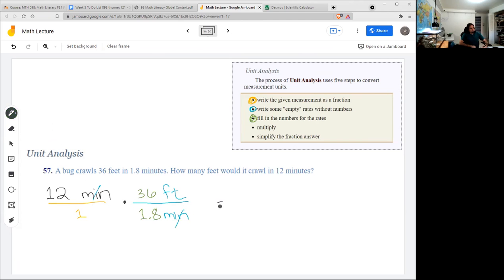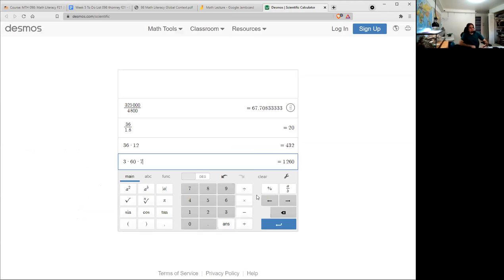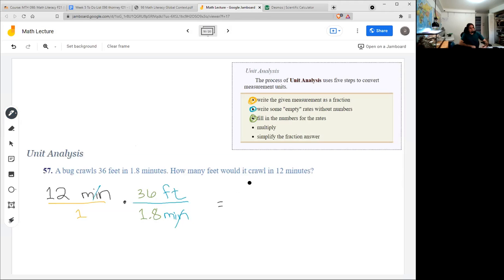Now I'm multiplying across the top. 12 times 36. 432. And the only word that's left on top is feet. On the bottom, 1 times 1.8 is just 1.8. And there's no words left on the bottom.